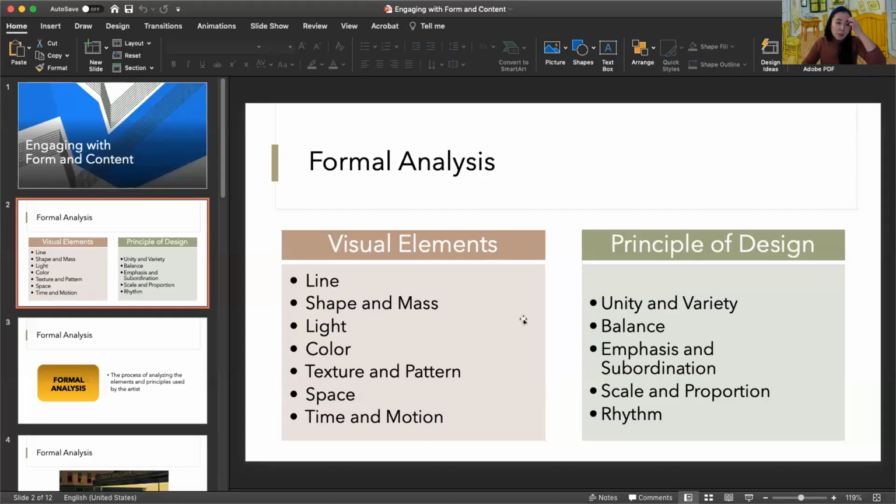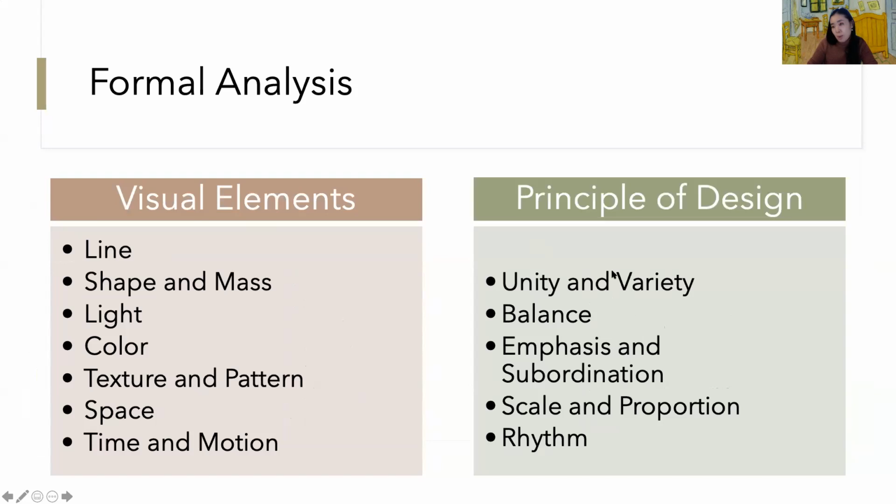Formal analysis is basically to analyze a work of art based on the visual elements and the principles of design we've learned. It's pretty much simple. You can just find the visual elements and the principles of design in a work of art.